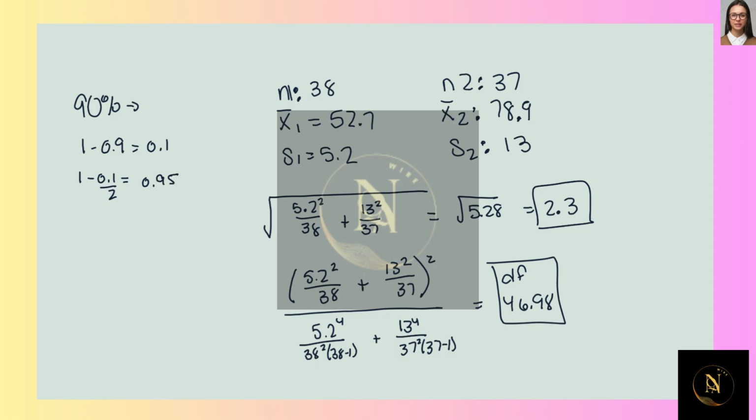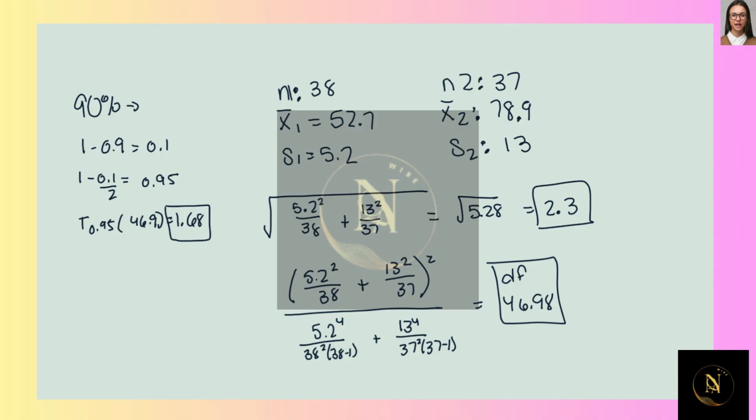Then to get your t distribution score, you're going to do t 0.95 with 46.98, which equals 1.68. Okay, so it is very close to your normal distribution level of 1.645, but it's 1.68, which we're going to use.